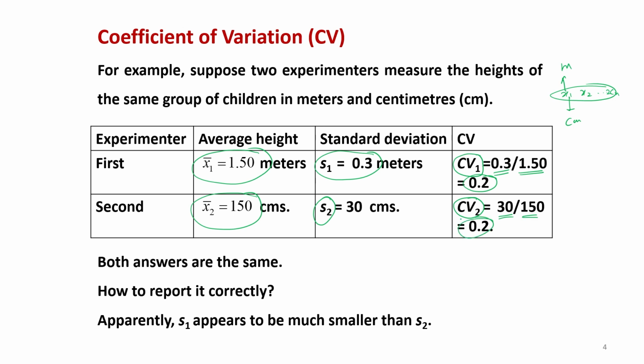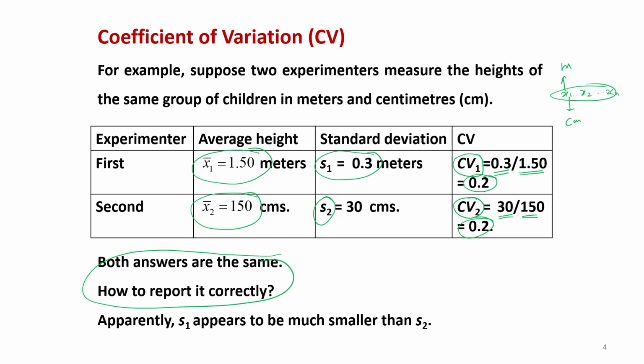So, if you try to see, although we have the reporting as if there are two different data sets, they have the same characteristics. So, do you think that both answers are the same, and how to report it correctly? Apparently, S1 is 0.3 and S2 is 30.